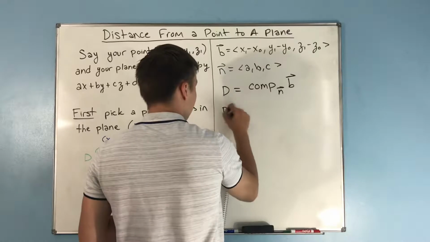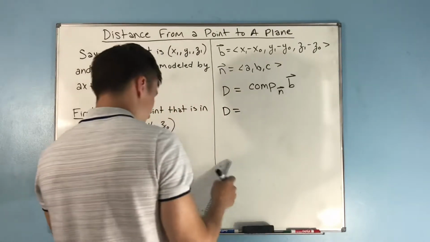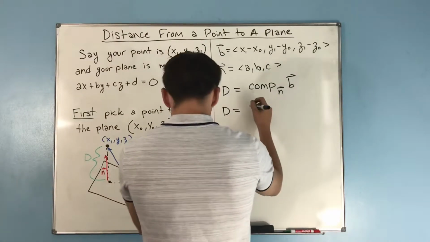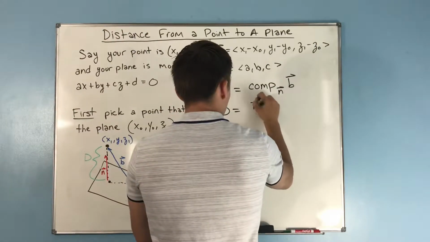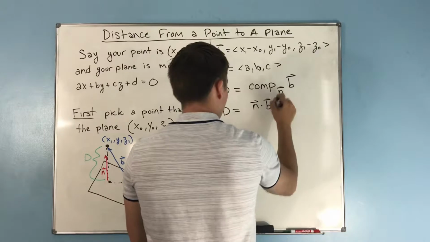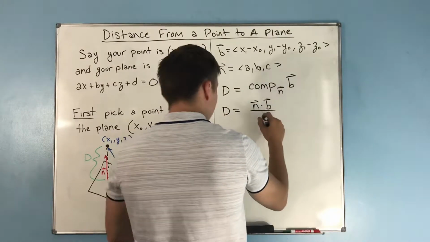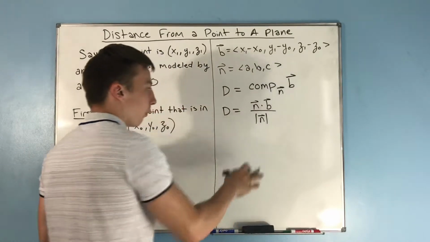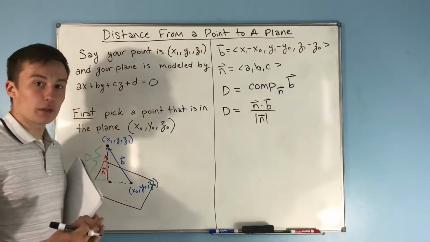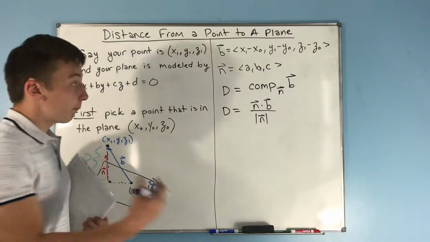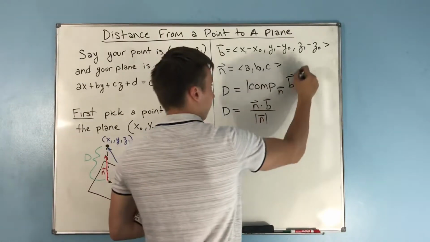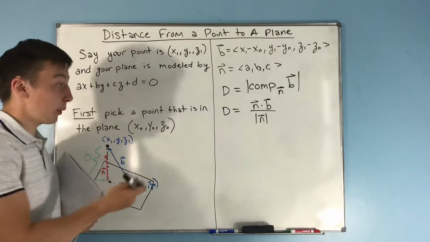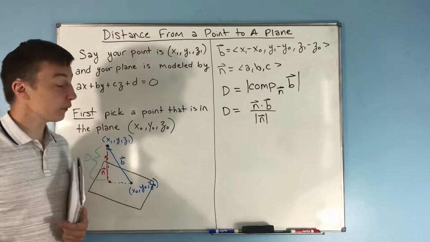How you write that is n dot b over the magnitude of n. But before this is all said and done, we need to take the absolute value of your component, because we don't want there to be any chance that our distance will be negative, and the component can sometimes be negative.